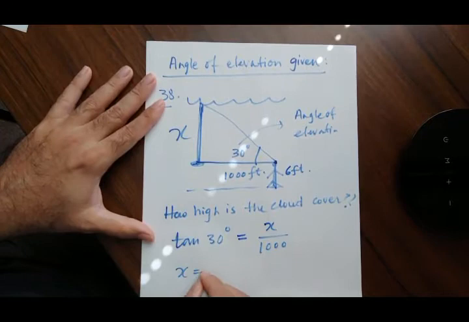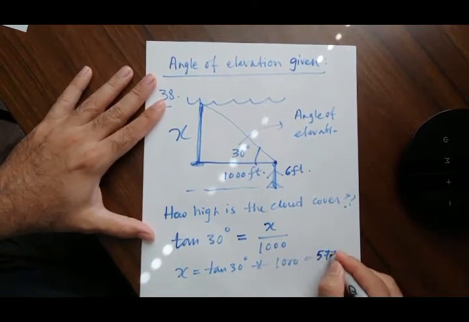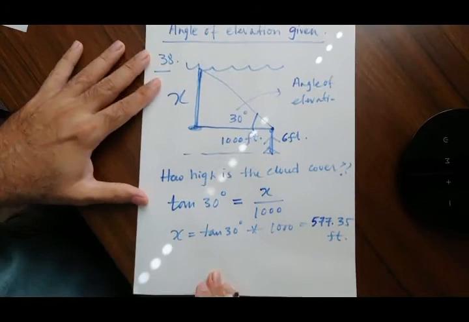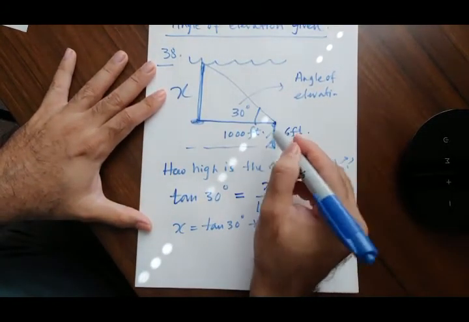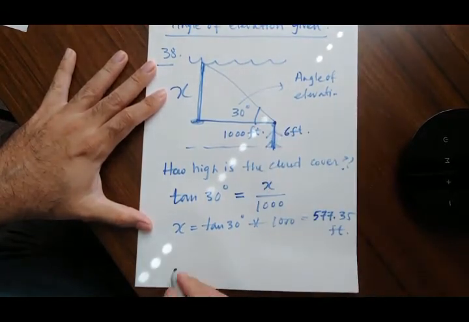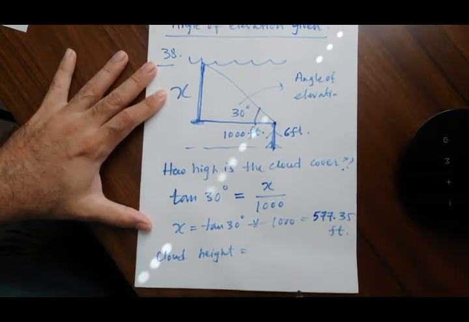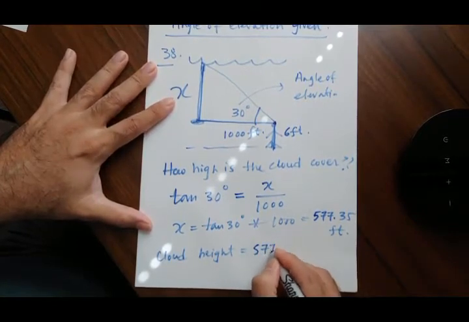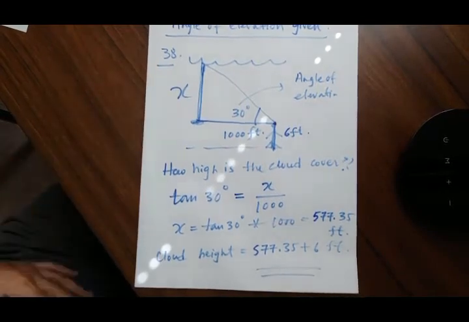So if I solve for x, it will be tan 30 times 1,000, which is 577.35 feet, if you calculate that in your calculator. But for the cloud height, I have to add the height of the person. So the cloud height would be equal to 577.35 plus 6 feet. That will be the final answer.